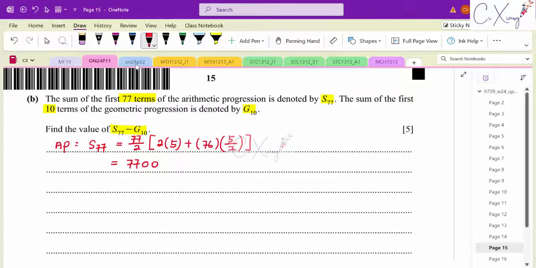Now I want to find out G10. Before I can find G10, maybe I put a small note here. For this one we are using Sn equals n/2 times 2a plus n minus 1 d. In case you can't remember, you can still refer to the formula booklet.